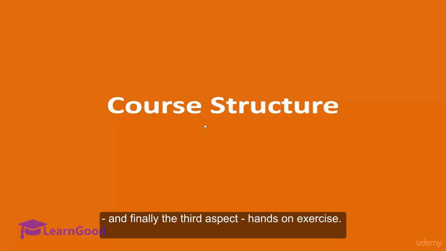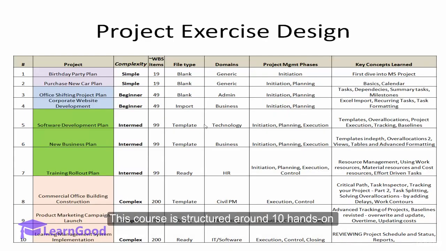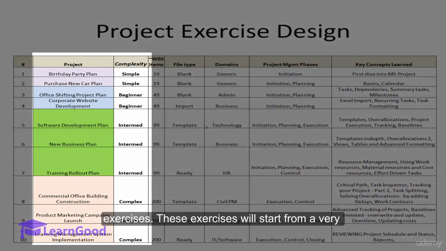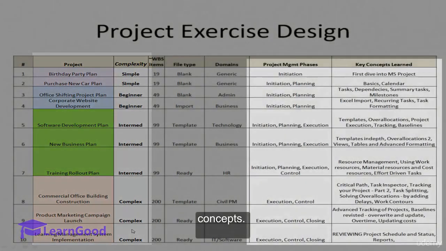Now let us look at how this course is structured. This course is structured around 10 hands-on exercises. These exercises will start from a very simple level, and progress on to beginner level, then intermediate level, and finally on to a complex level with advanced concepts.